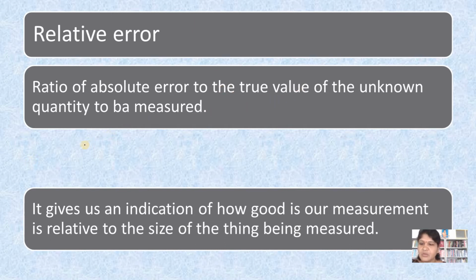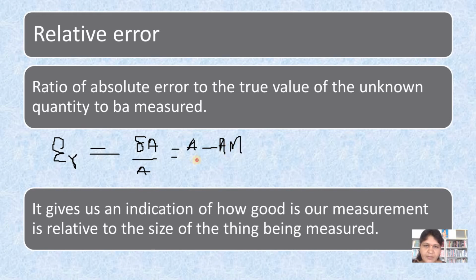So relative error is denoted by epsilon r, which is equal to absolute error, denoted by del A, divided by the true value, denoted by A, and absolute error can be written as A minus AM, by A.